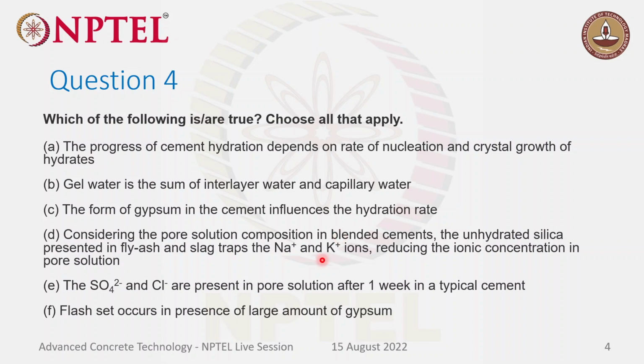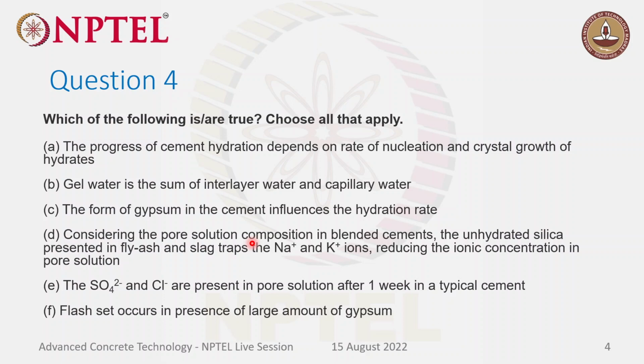Moving to option D, considering the pore solution composition in blended cements, the unhydrated silica present in fly ash and slag traps the alkalis, sodium as well as potassium ions, reducing the ionic concentration of the pore solution. This is true because the silica particles from the fly ash as well as slag trap these alkalis and then reduce the ionic concentration.